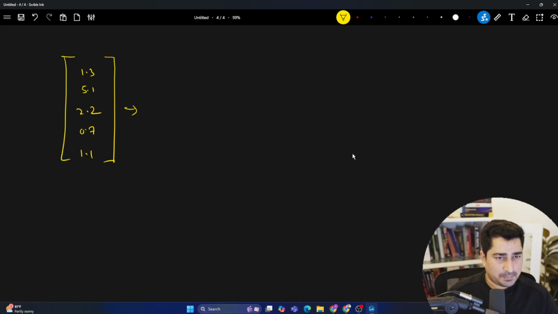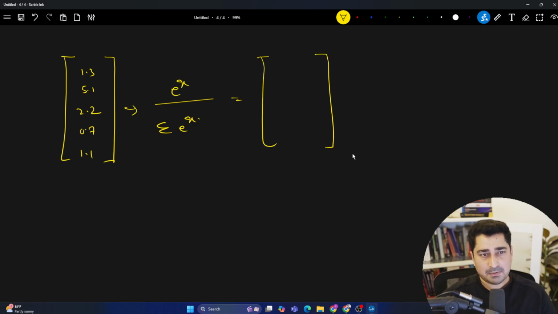If you pass this data, e to the power x divided by the summation of e to the power x, and I ask you for the probability of 1.3, 5.1, 2.2, 0.7, 1.1, can anyone give me the probability of all of these using this function?